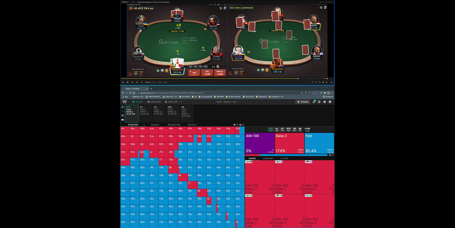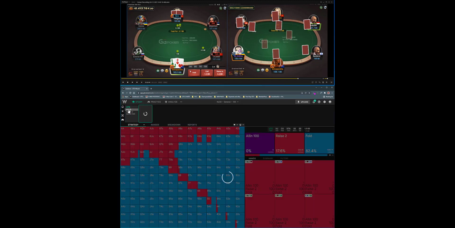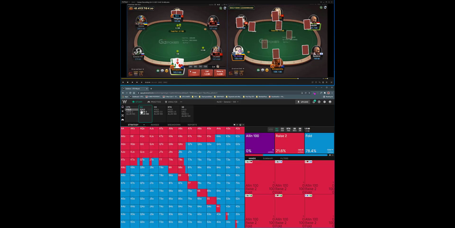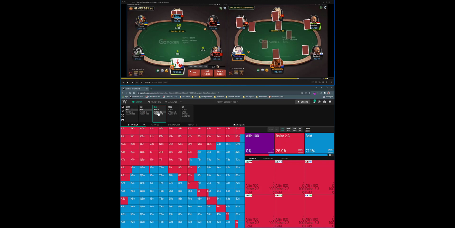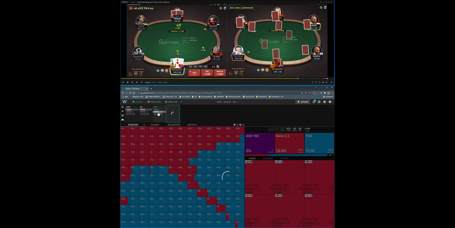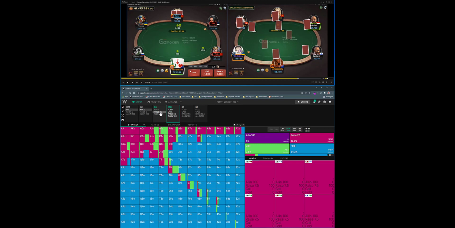Under the gun's folded, middle position's folded, and the cutoff has raised to 2.2. Now these sizes here are 2 and 2.3, which almost lines up. So what you do is you go here: under the gun's folded, hijack has folded, cutoff has raised to 2.3, but actually 2.2.